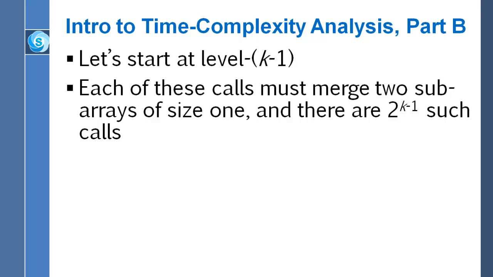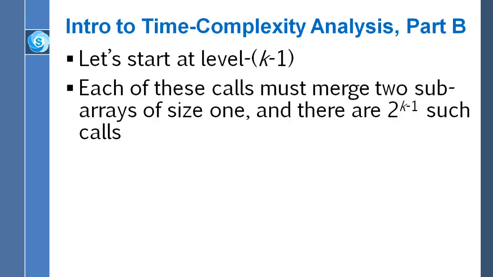I mean, there's going to be examining numbers in the original array and copying things in the correct order into the auxiliary array. Okay? Well, every single number in the entire array is going to be copied into the auxiliary array by exactly one of these 2 to the K minus 1 level K minus 1 calls to merge sort. Okay?